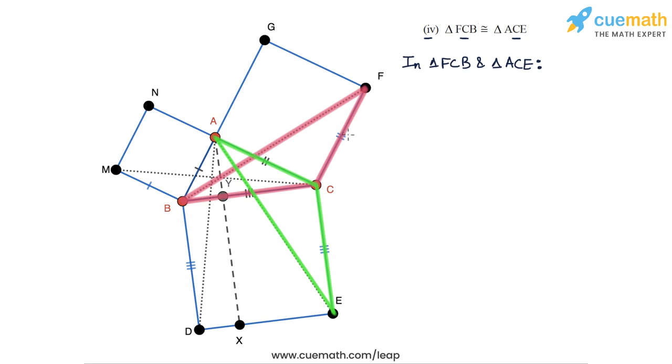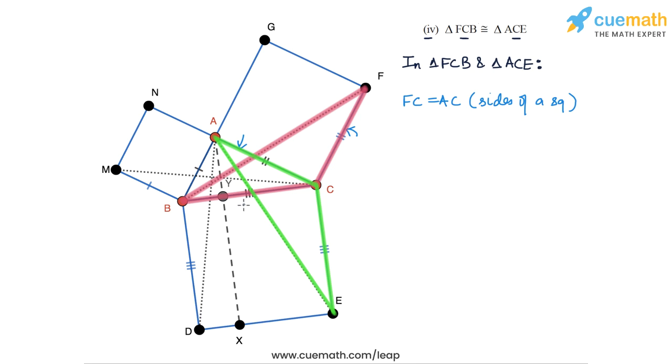We have FC from the first triangle equal to AC from the second triangle, because these two segments are sides of the same square ACFG. So FC is equal to AC because these two are sides of a square.